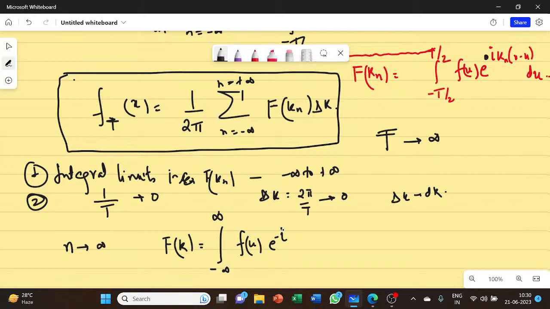Sorry, my mistake, this was plus only. Simply this. Is that clear? We have simply dropped kn and simply written k as n tends to infinity. Is that clear?